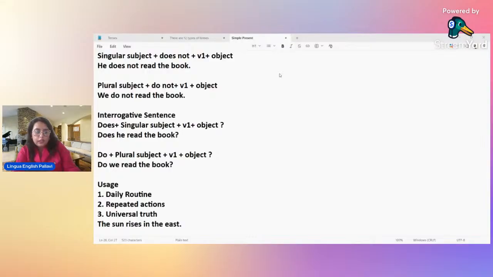I'm just waiting for you to make one sentence in the chat box with this rule before we proceed further. I can see, type it. I'm waiting for you to type one sentence in the chat box using simple present tense positive. And you can follow the rule. It goes very simple.